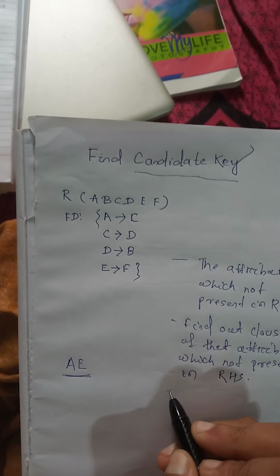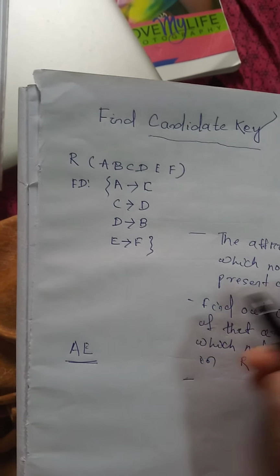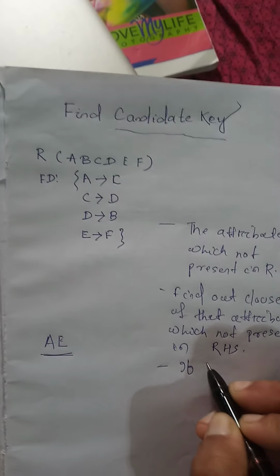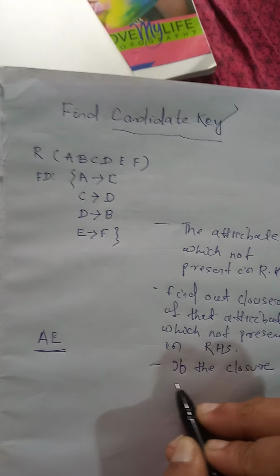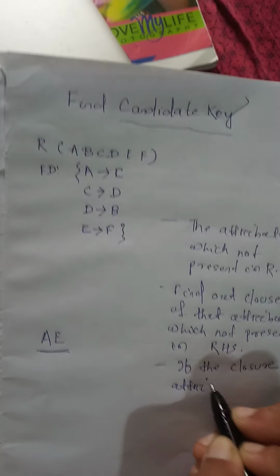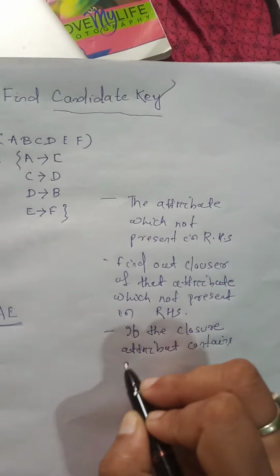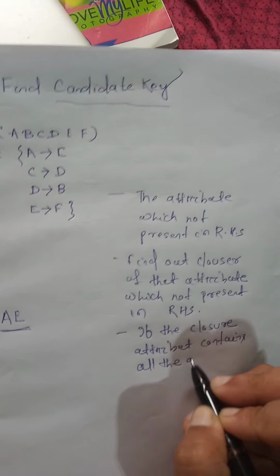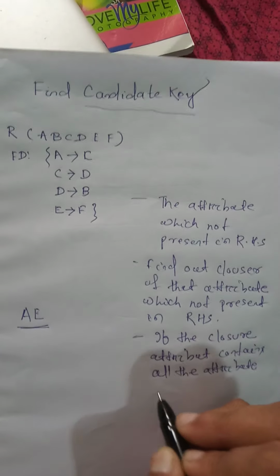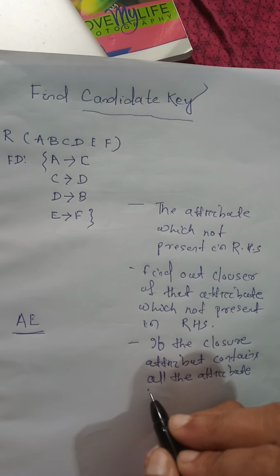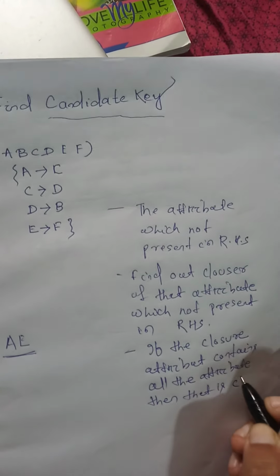Here there are also two conditions. If the closure of the attribute set contains all the attributes, then that is the candidate key.